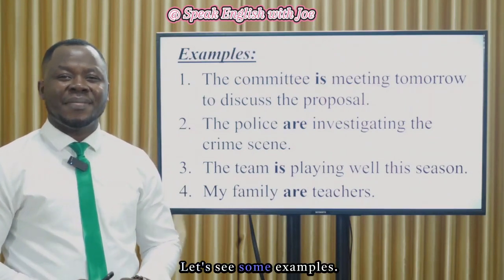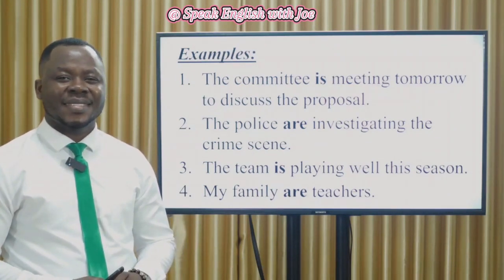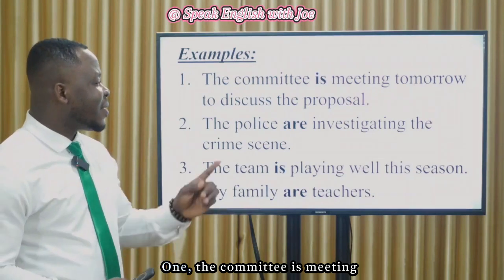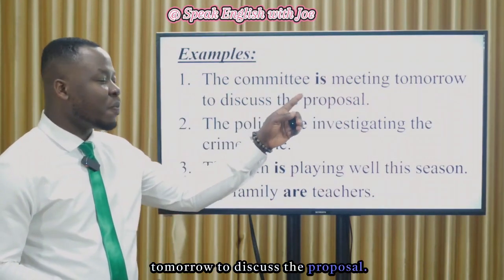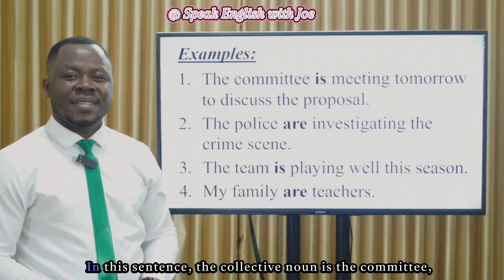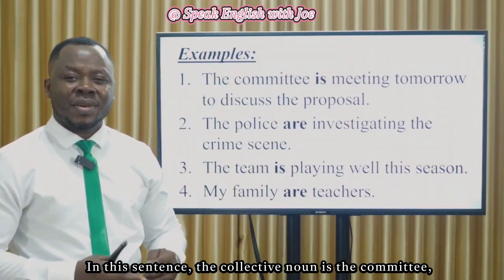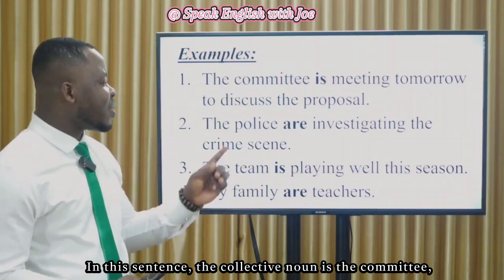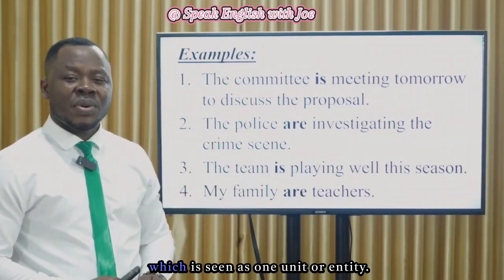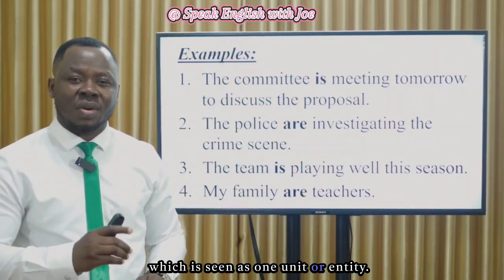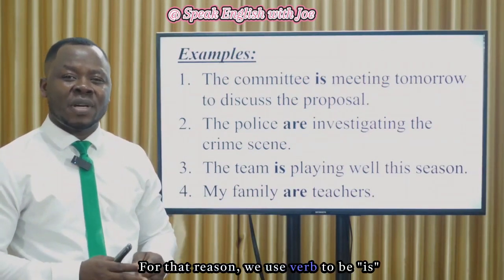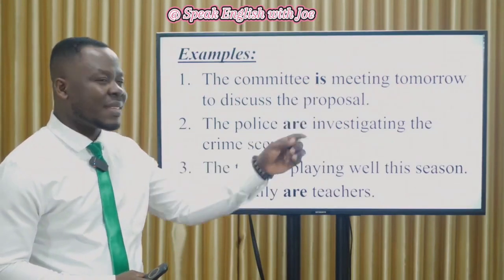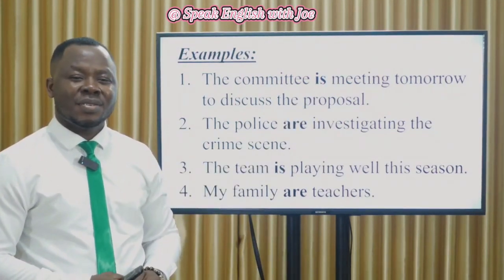Let's see some examples. 1. The committee is meeting tomorrow to discuss the proposal. In this sentence, the collective noun is the committee, which is seen as one unit or entity. For that reason, we use the verb to be is. 2.